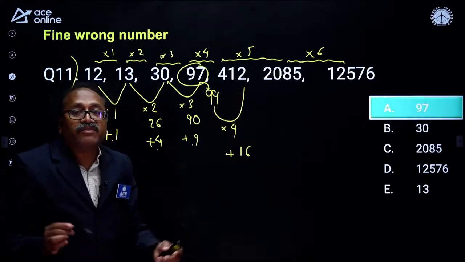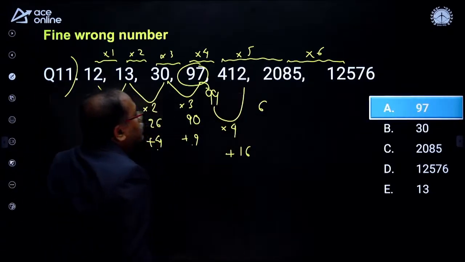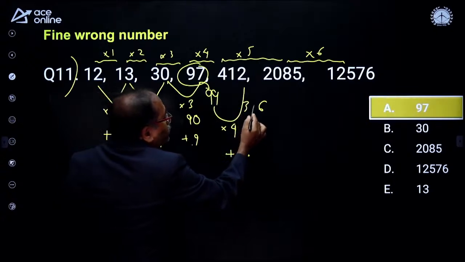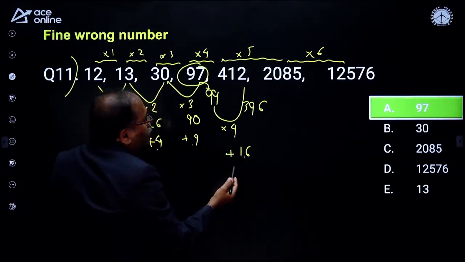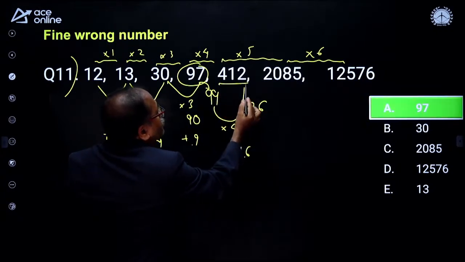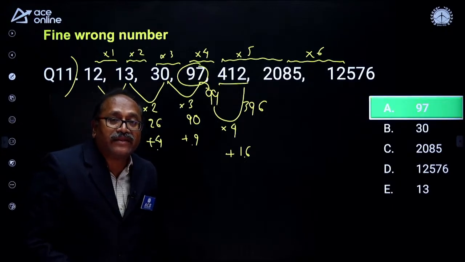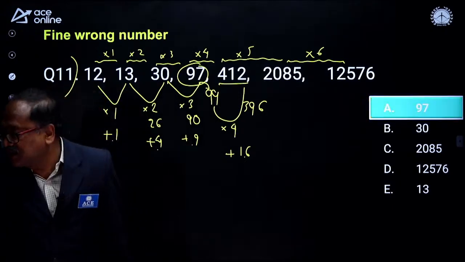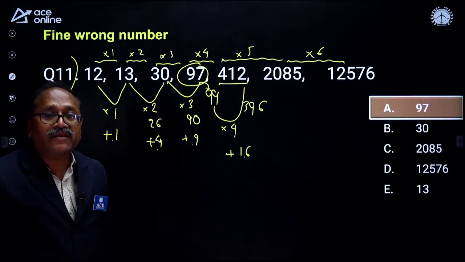Am I getting the next number or not? Check that part. That is 9 4 is 36, carry 3, and 39. And when I add 16 to this, then I am getting 412. So this number is correct. That means the wrong number is 97. So option choice A. Likhita, all my young friends agree?